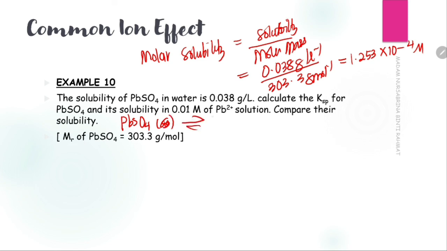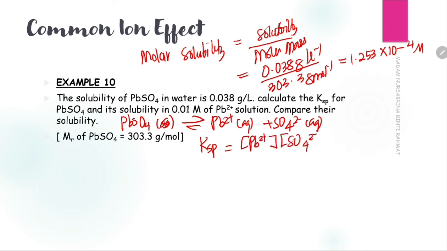Then let's write down the lead sulfate equation and the KSP expression for my lead sulfate, which consists of just the lead ion and the sulfate ion. We substitute the value of molar solubility into the equation.